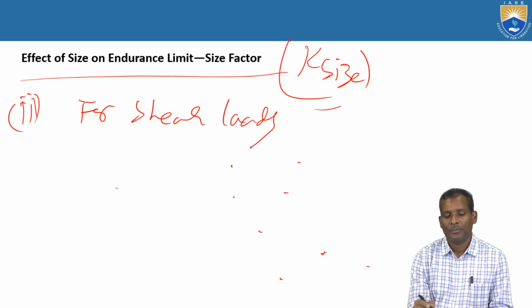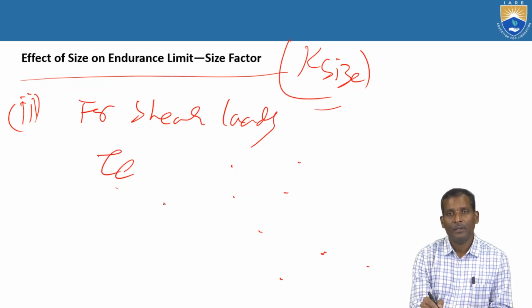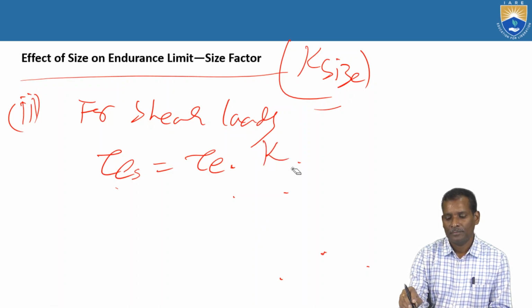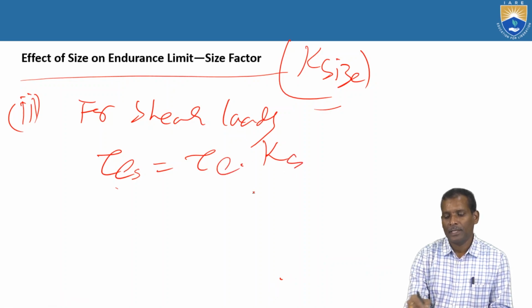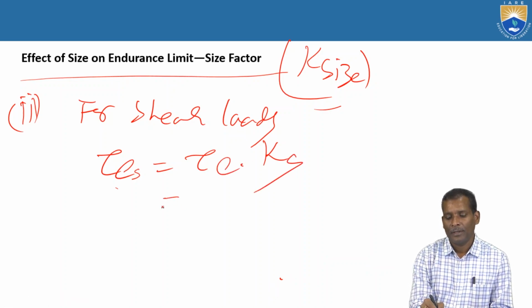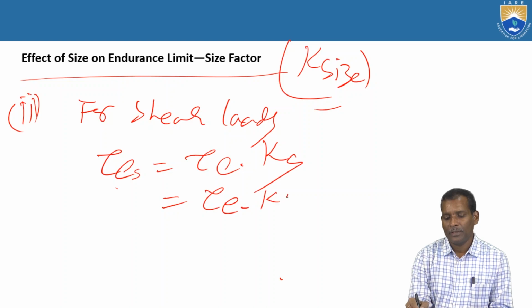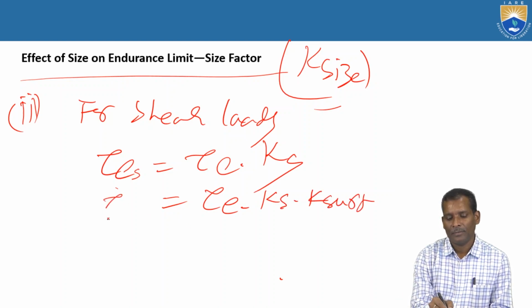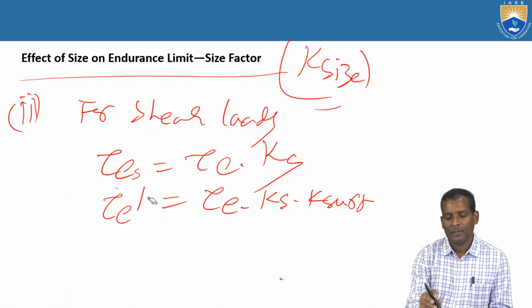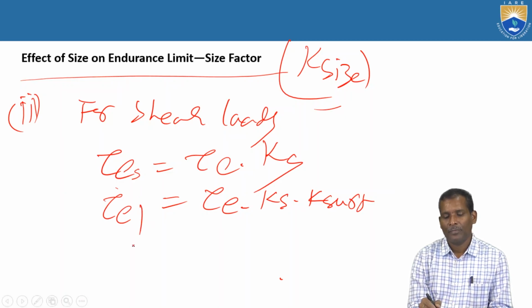For shear loads, tau E is equal to tau E into Ks, the shear factor, multiplied with Ks and K surface finish factor, tau E1.